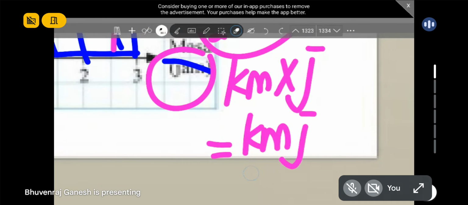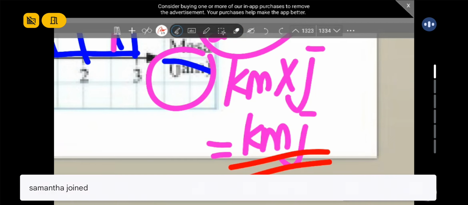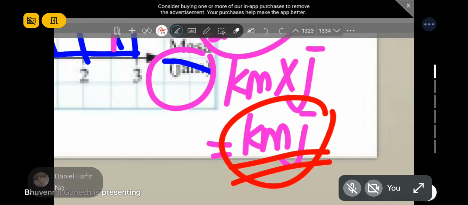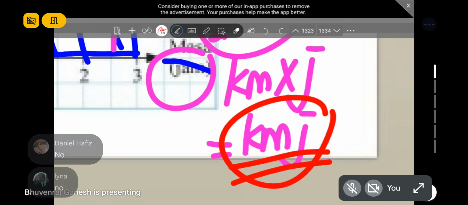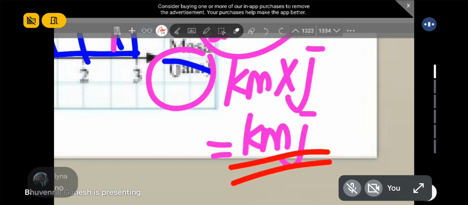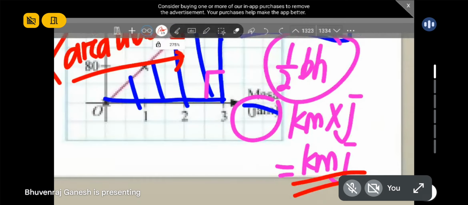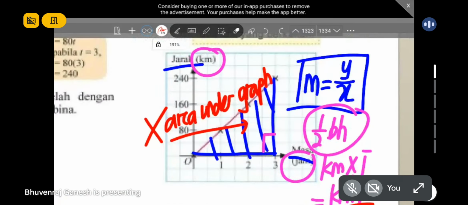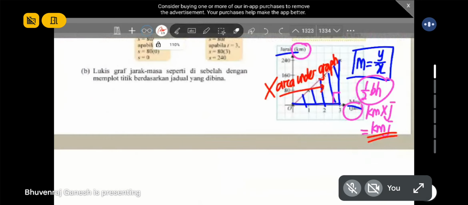Have you guys ever come across such a unit? Yes or no? Kilometer hour. Tell me guys, have you heard of it? Right? Meaning, there is no answer. You never heard this unit, so that's why there is no quantity. Okay? Simple as that.